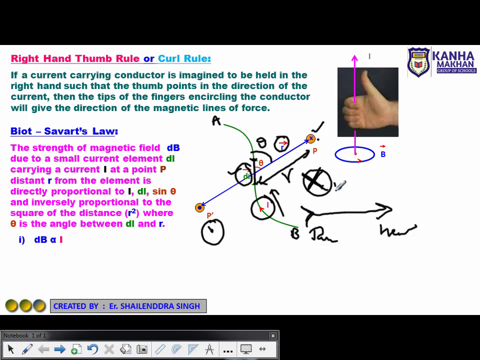So it will be the inward magnetic field here, and outward magnetic field here. Okay.